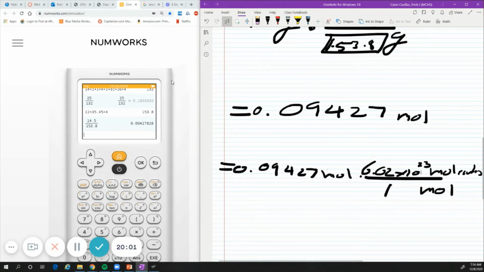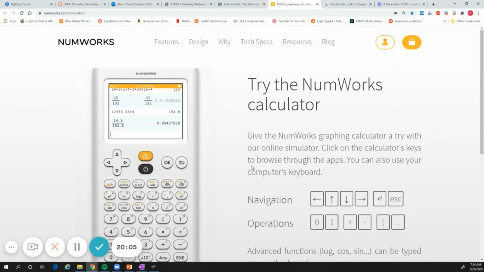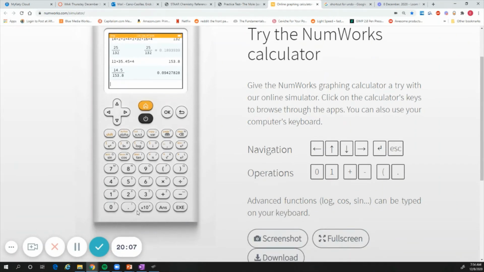I'm going to maximize this so you can see what I'm doing. All right, so you have 0.09427 multiplied by 6.02, hit this times 10, and it does the automatic to the power of 2, 3, hit execute, and there you go. Here's your answer. Now notice something, that little E at the end.